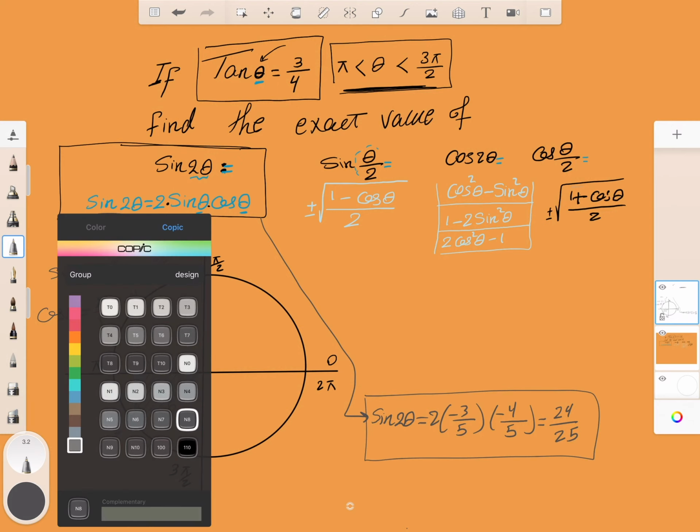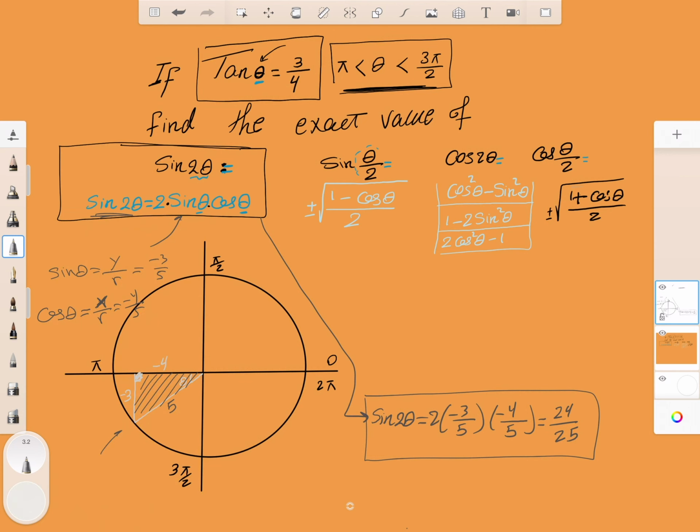Let's solve for sine of theta over 2. The formula is plus minus radical 1 minus cosine theta over 2. We have plus and minus. We are in quadrant 3. In quadrant 3 sine is negative, and half of that will be negative as well.